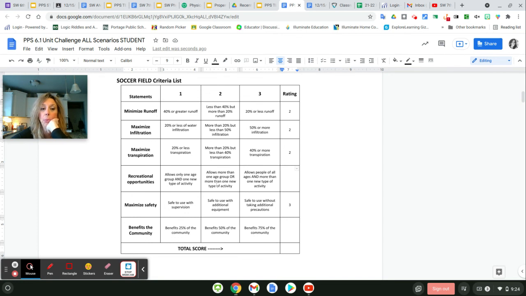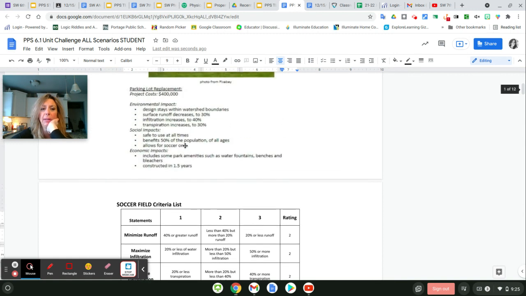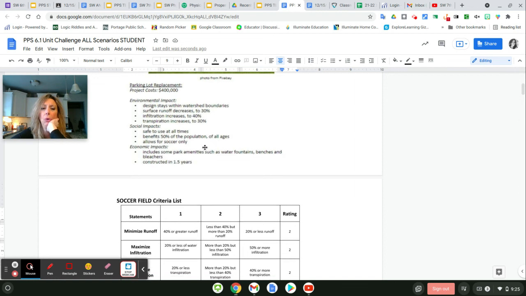Allows more than one age group or more than one new type of activity. That would be a 2. It allows people of all ages and more than one new type of activity. Okay, so we're looking at benefits 50% of the population of all ages and allows for soccer only.